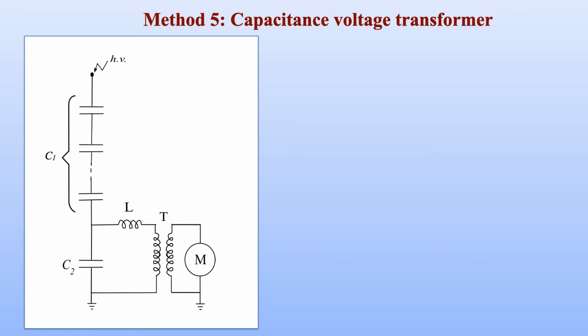So gas compressed capacitor or air compressed capacitor requires special maintenance, and the space requirement is also more. Consequently, we would like to move over to the method which can be used with a lower cost and low maintenance. So that's why the next method suggested is a capacitance voltage transformer.